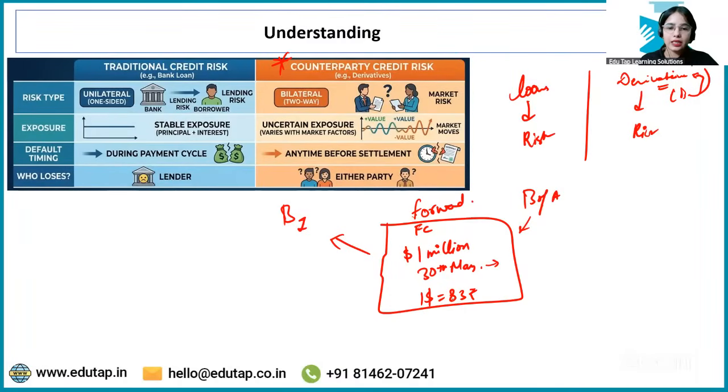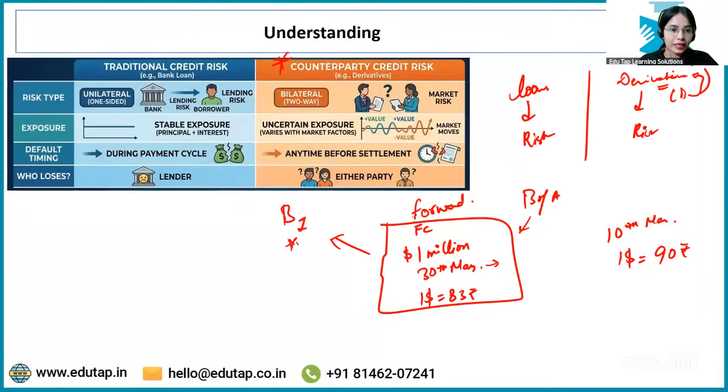Let's say right now, what is the date today? 30th of April, right? Let's say after 10 days, by 10th of May, $1 is equal to 90 rupees. Which party is the gaining party here now? Bank of India.